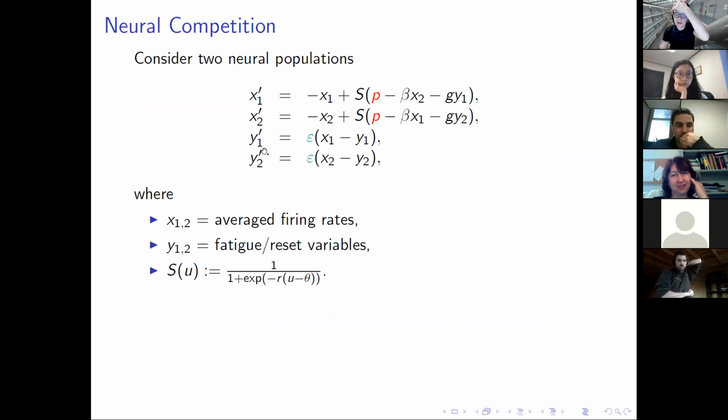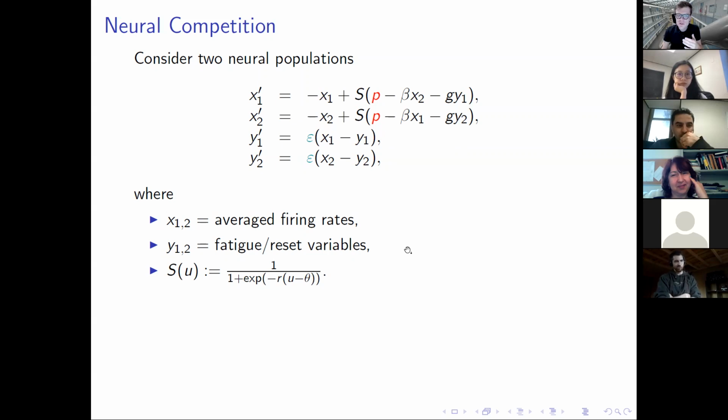and for simplicity, let us just assume that these slowly varying variables y don't play a role for now, and you set this epsilon equal to 0. You just have these two neural populations that are competing, and there's one parameter that you are varying. There's a typical firing function and everything that you know from neuroscience, that's all there.